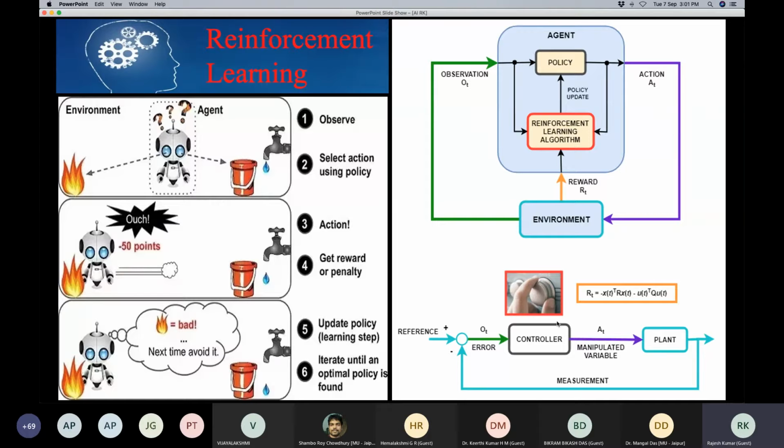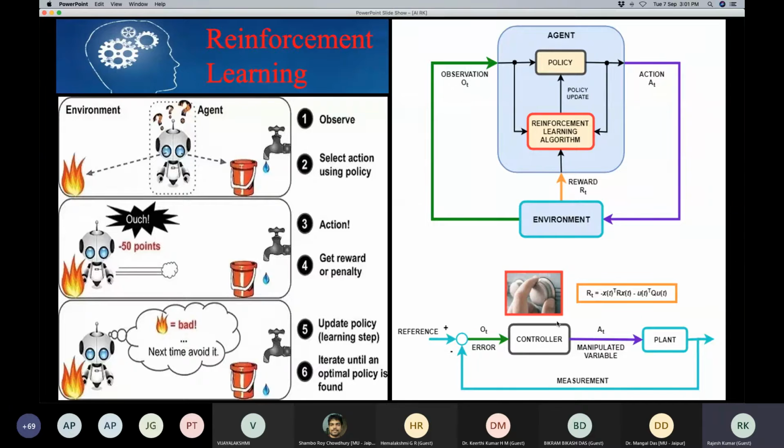There is nobody there to make it learn otherwise. It performs a certain action and learns from it. Now you can understand the right hand side: there is one agent, and the agent takes a certain action. That action goes to the environment, and the environment passes two things, reward and observation.